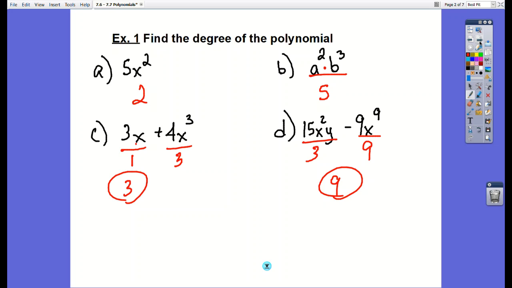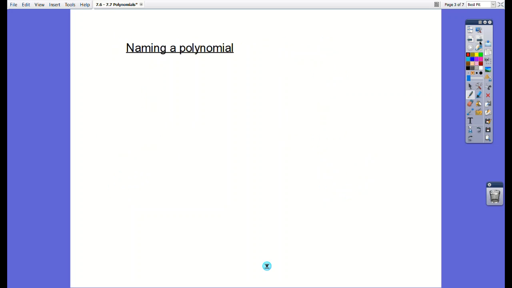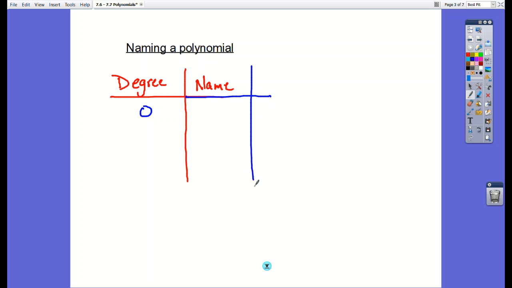All right. So let's talk about naming these things. So we're going to talk about naming a polynomial in 2 different ways. Let's start with what we were just talking about, which is the degree. So let's say we have degree 0, and then maybe let's create a third column and let's look at an example of this.